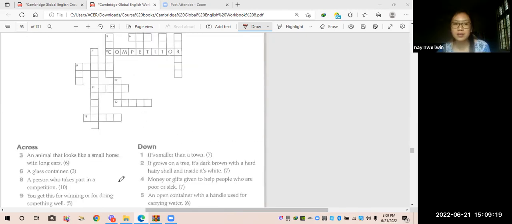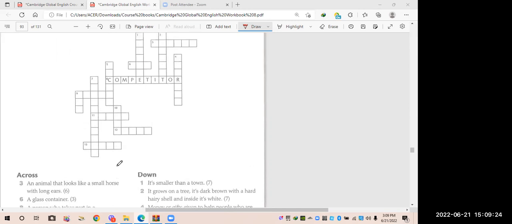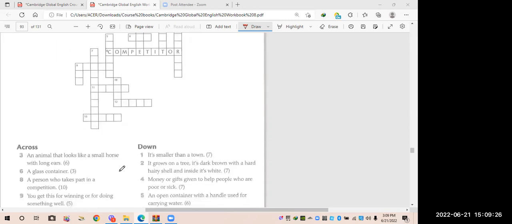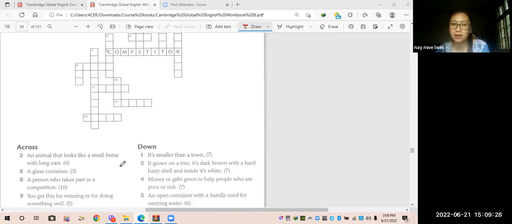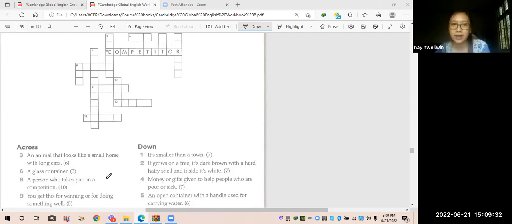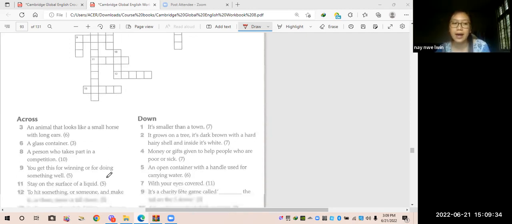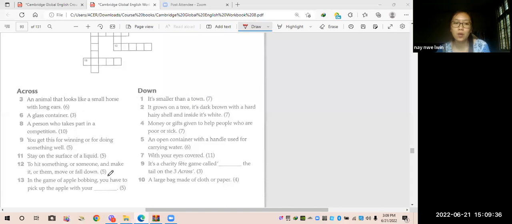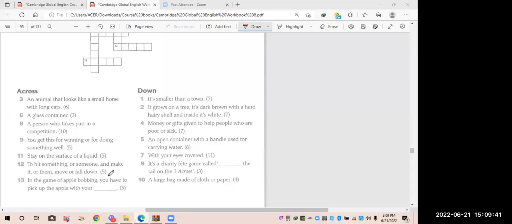So the first one is an animal that looks like a small horse with long ears. Donkey. Yes. How about a glass container? Jar, correct. And the answer for 8 has been given, right, as commentator. And 9 is you get this for winning or for doing something well. Prize, correct.